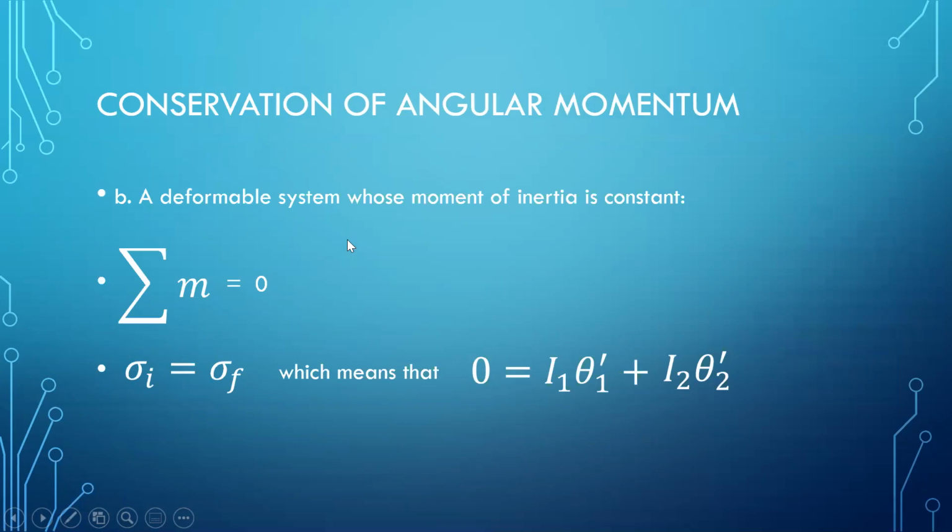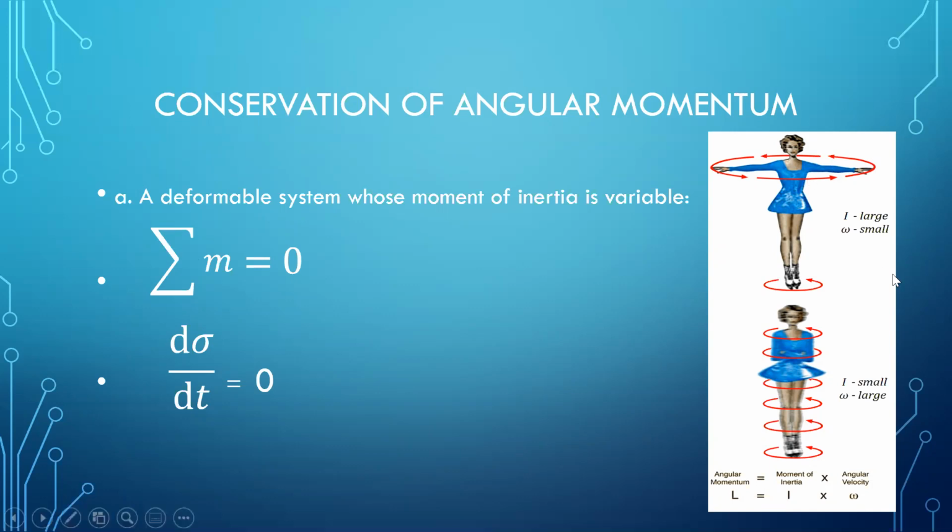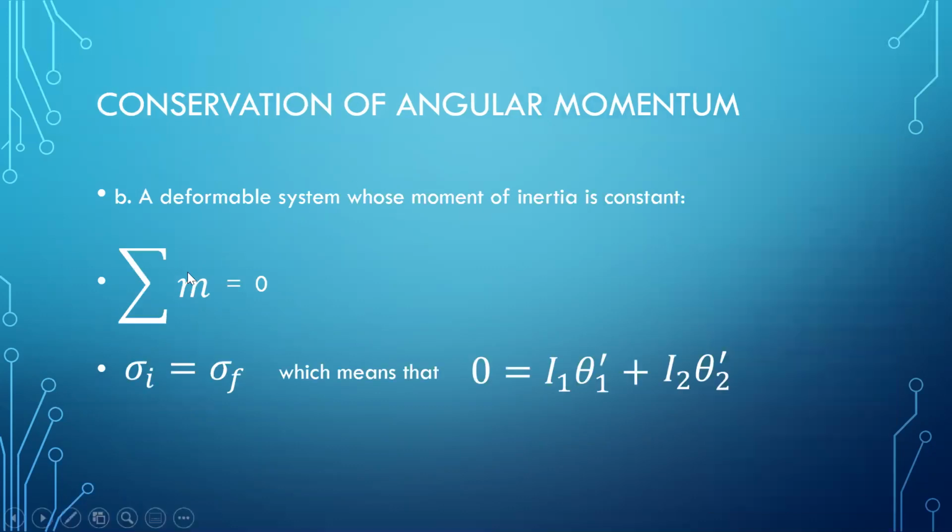Now, in the case of a deformable system whose moment of inertia is constant. If we've got a constant moment of inertia, the system is deformable, but it is not of a variable inertia. It is constant. So the summation of the moment remains equal to 0.